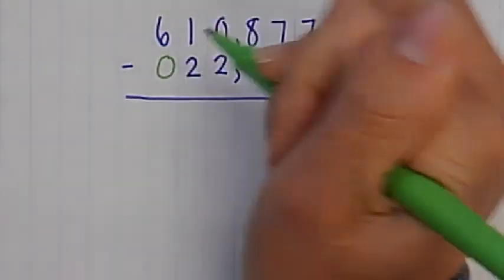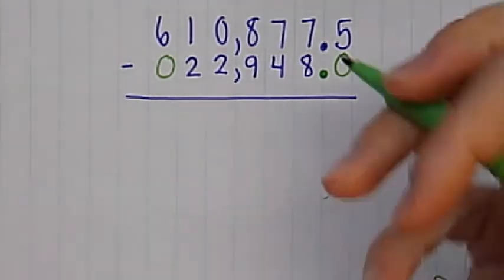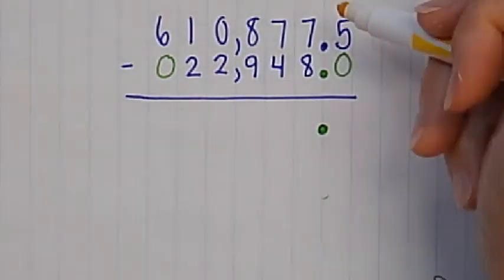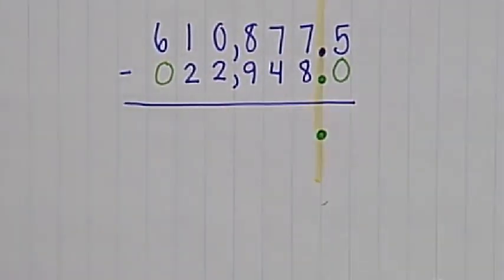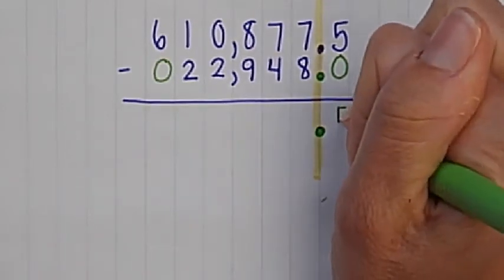I can even put a 0 up here as a placeholder too, so that I make sure that everything is looking good for my subtraction. So I'm going to put my decimal in the answer. I'm double checking that my decimals are lined up. They're nice right on that line. And now I can go ahead and subtract. 5 minus 0 is 5.